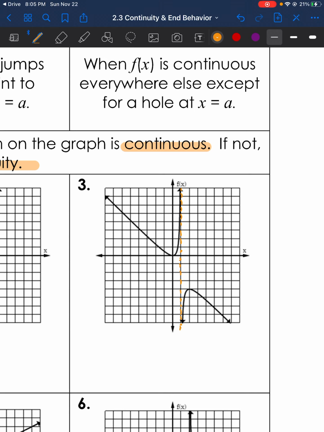As we approach x equals 1 from the left, our y values are going to positive infinity, and as we come from the right, our y values are going to negative infinity. That means we have an infinite discontinuity at x equals positive 1. That's where that vertical asymptote is.